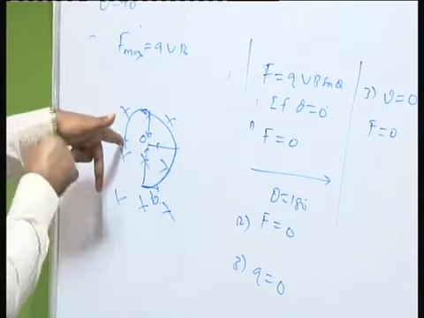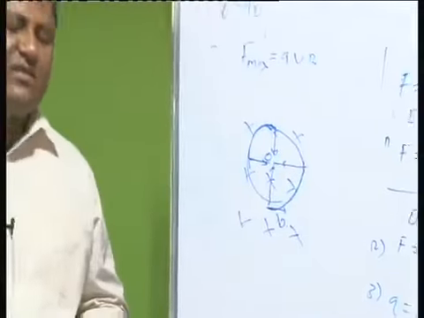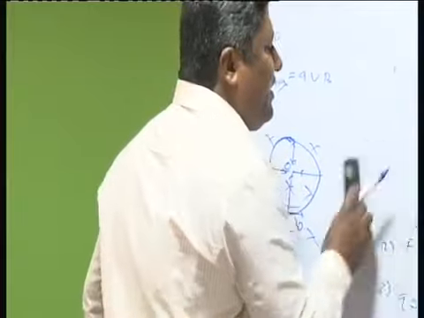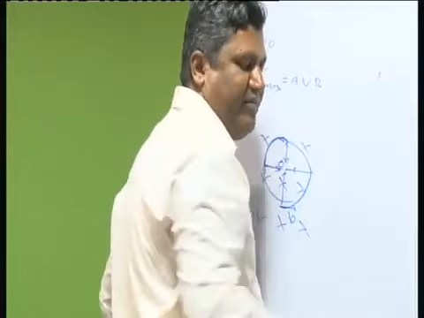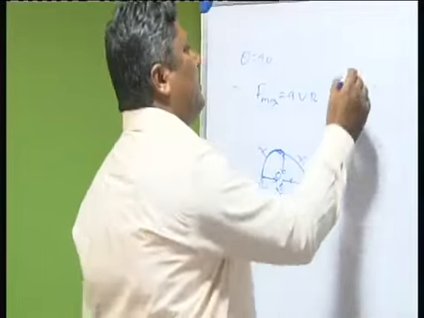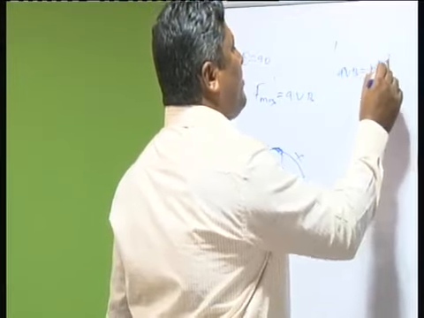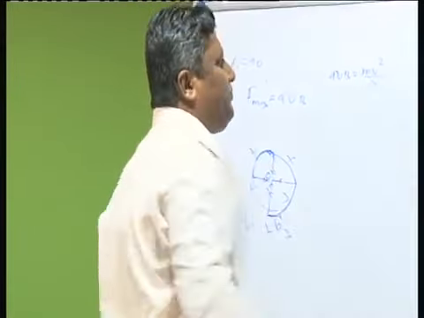So whenever a charged particle enters the magnetic field, if velocity and magnetic field are perpendicular, the particle moves along a circular path, and the necessary centripetal force is provided by the magnetic force. Therefore I can write qvB equals mv square by r. That is, the necessary centripetal force is provided by the magnetic force.